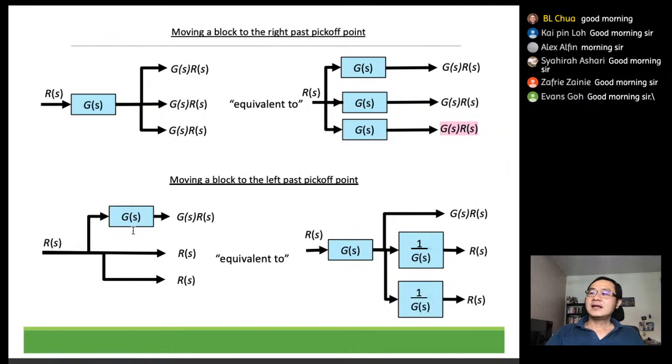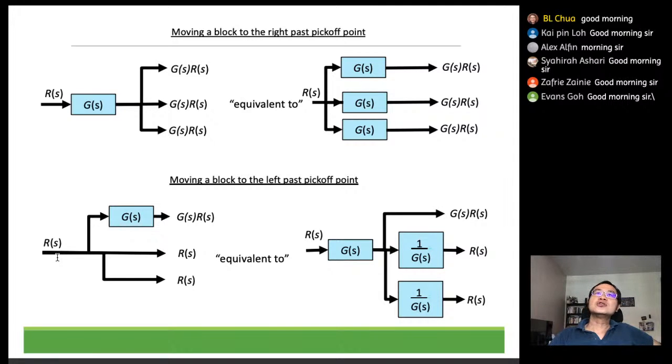Another form is that it could be in one of the branches, and now we want to move it to the main pipe. It can be at one of the branches, and we move it out to the pipe. Here you can see that I purposely put it in this way so that in later exercises, you will sometimes see this form as well.